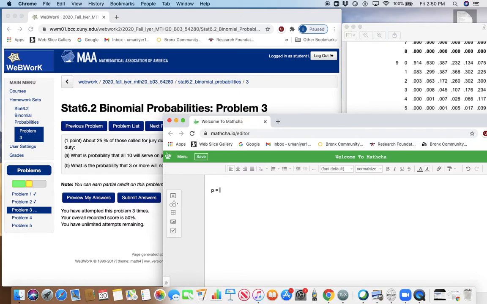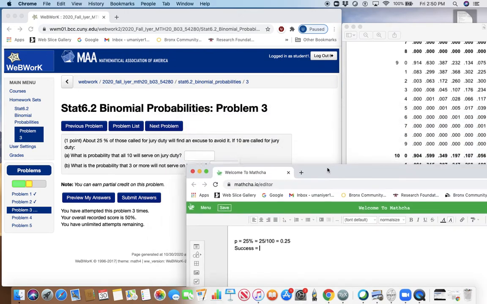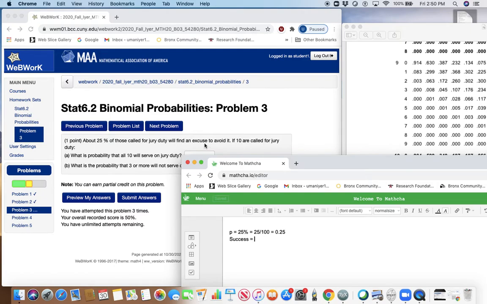Probability of success is 25 percent, that is 25 over 100, that is 0.25. But what is success in this case? Success is you find an excuse to avoid jury duty. Okay, let's keep that in mind.